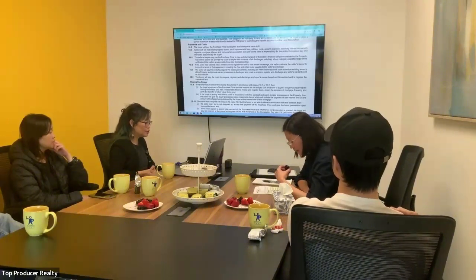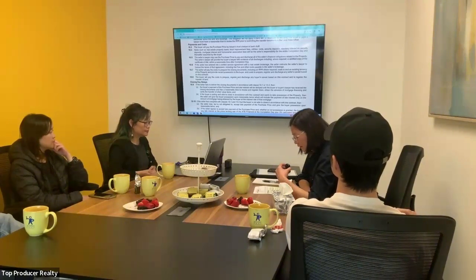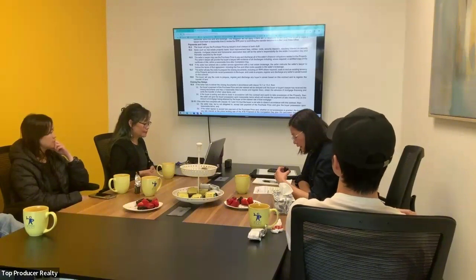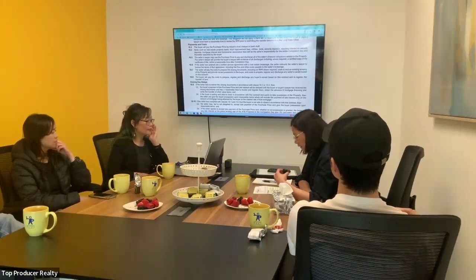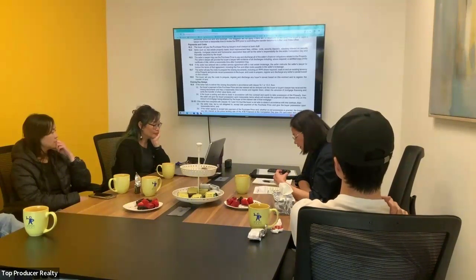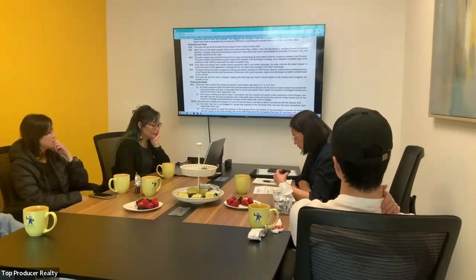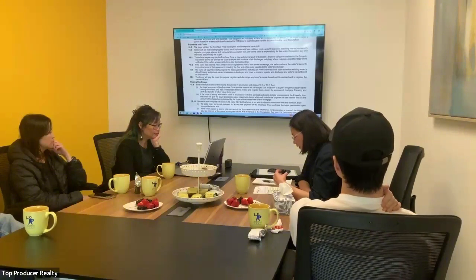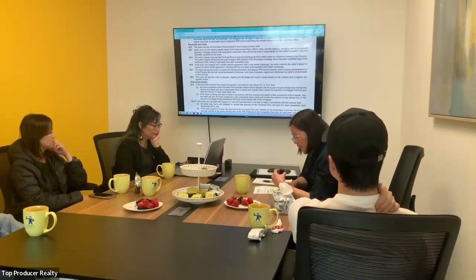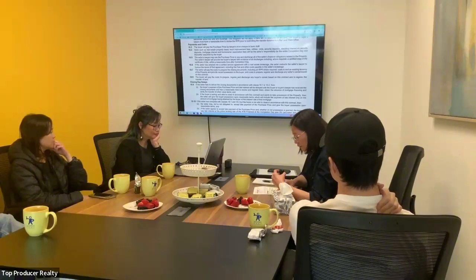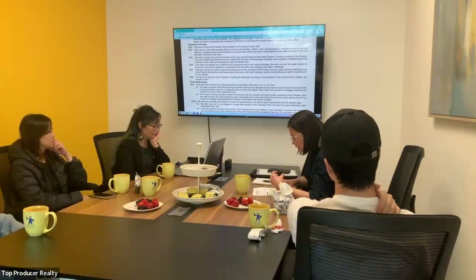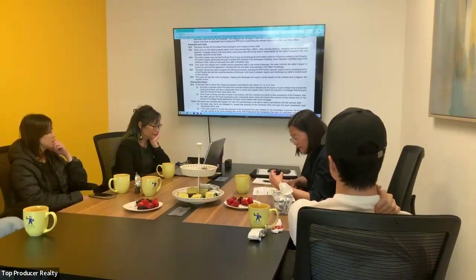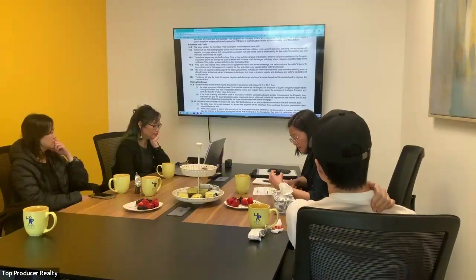Okay. 10.4, items such as real estate property tax, local improvement fees, utilities, rents, security deposits, statutory interest on security deposits, mortgage interest, and the homeowners association fees will be the seller's responsibility for the entire completion date and thereafter assumed by the buyer.